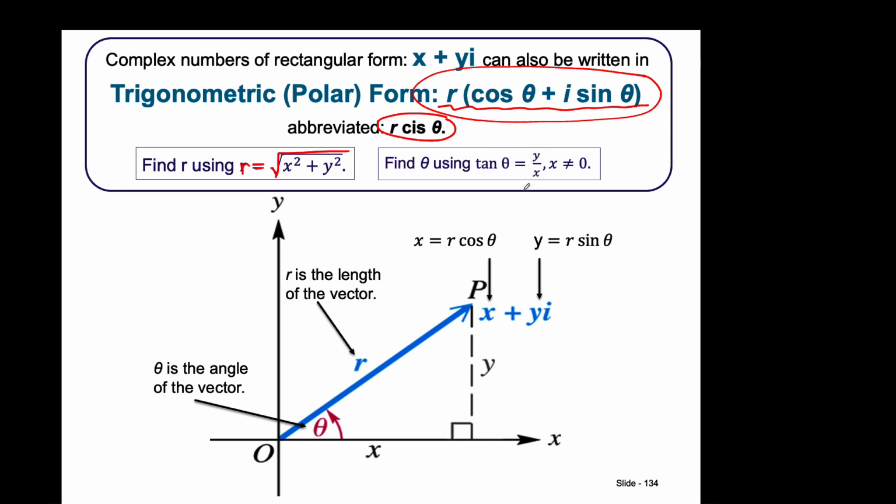We would change the x into r cosine theta plus r sine theta for y, times i. We would factor the r out. This should look familiar to you. That's the general trigonometric or polar form. And then we would abbreviate it into r CIS theta.